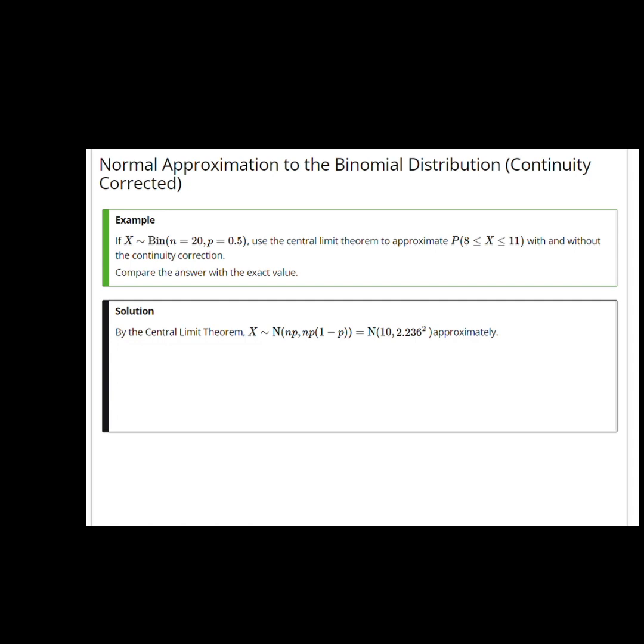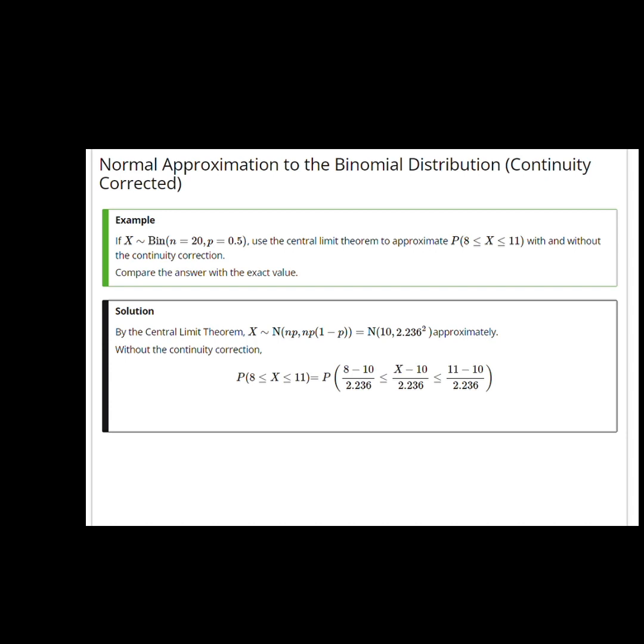The central limit theorem in this case says that X is approximately normal with expected value n times p, that's 20 times 0.5 or 10, and with standard deviation 2.236, or variance that squared. Let's first solve the problem without the continuity correction, in which case we write the probability X is between 8 and 11.